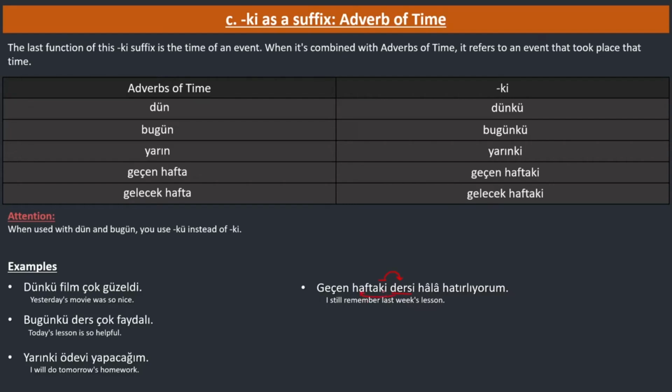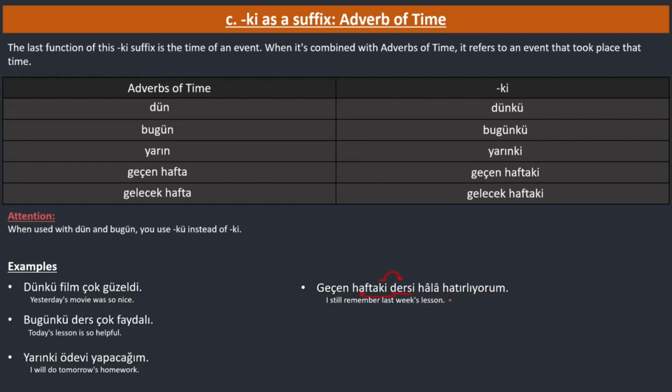The ki forms a relationship between geçen hafta and ders. Hala, still, hatırlıyorum, I remember. I still remember last week's lesson. Geçen haftadaki ders. No, we wouldn't use da in this example as well. It's simply geçen haftaki ders.